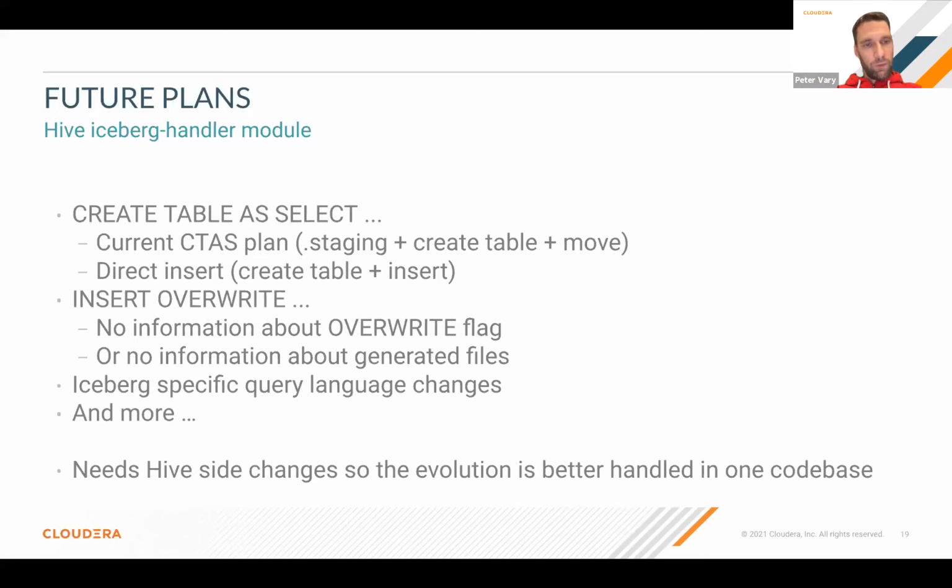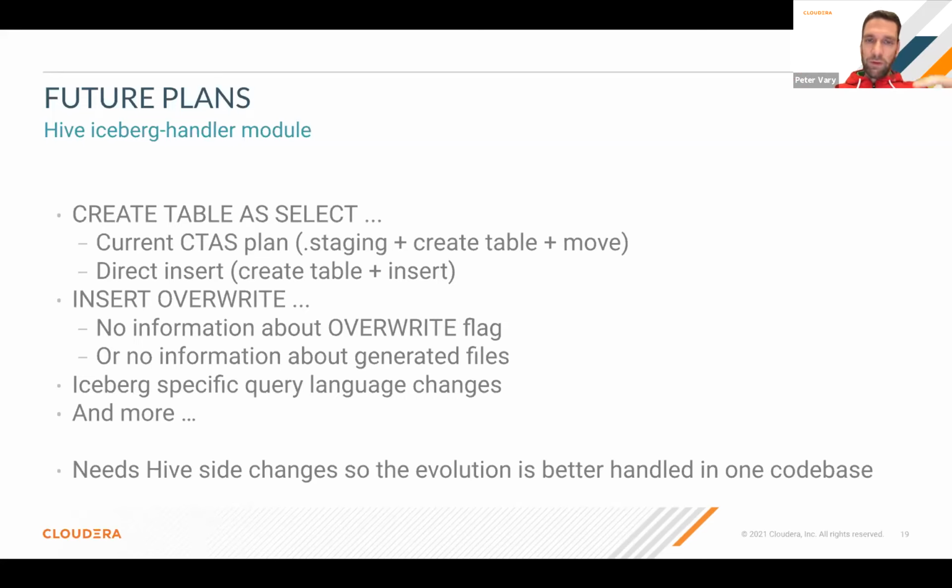So we don't know what to do with that. And at the end, in the move task, we have the knowledge of whether it's an overwrite or not, but then we don't have the files at hand which have been written. So again, with the current plan execution, we don't have the information at hand which is needed.